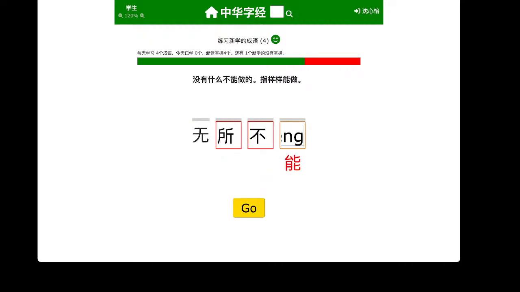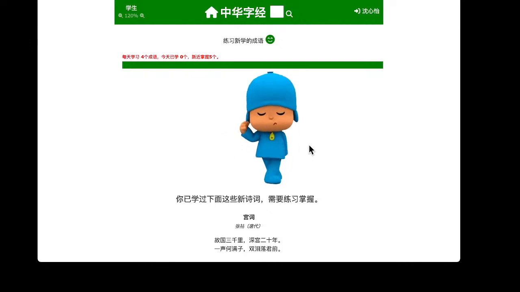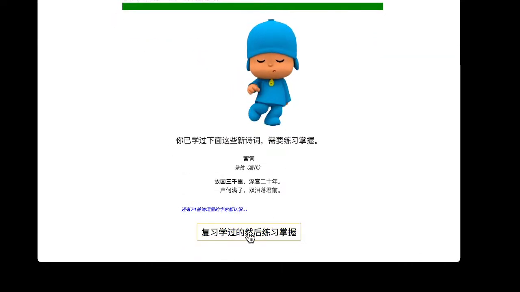Oops. 无所不能: all powerful, can do anything. There's nothing you can't do. Alright, there we go. 复习学过的，然后练习把握。Okay.